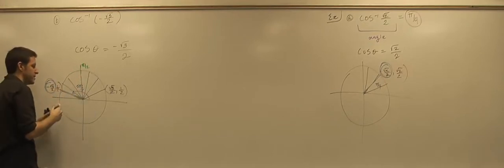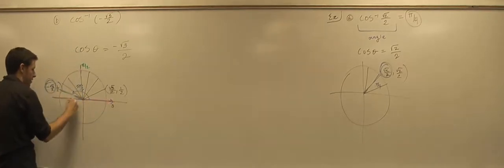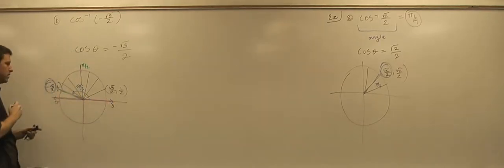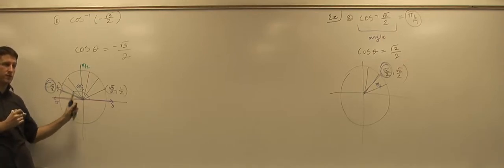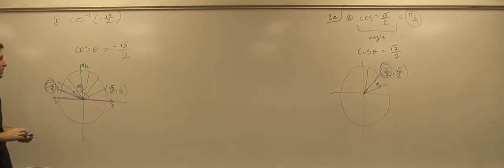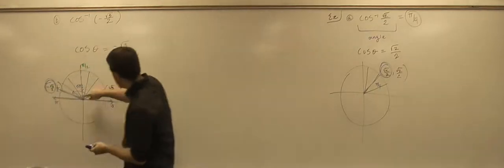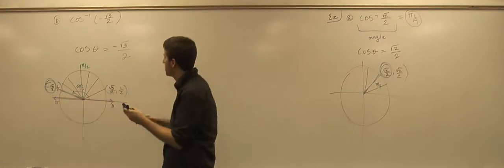Cosine inverse cares about 0 and pi. If you ever pass one of these barriers, then you're in trouble for cosine inverse. But pi over 2 is irrelevant for cosine. So 5 pi over 6 is a perfectly legit answer because it hasn't passed either of these purple rays.